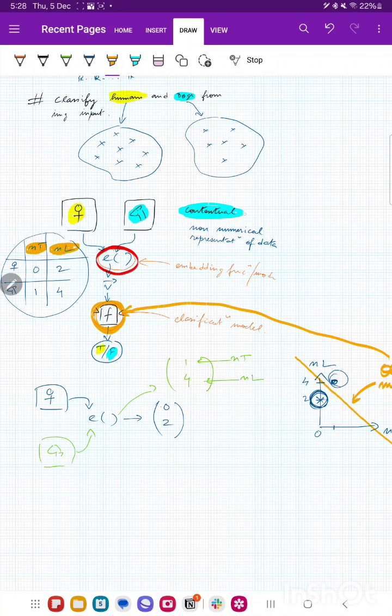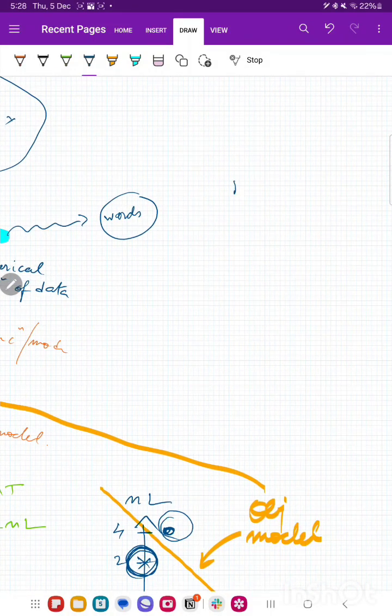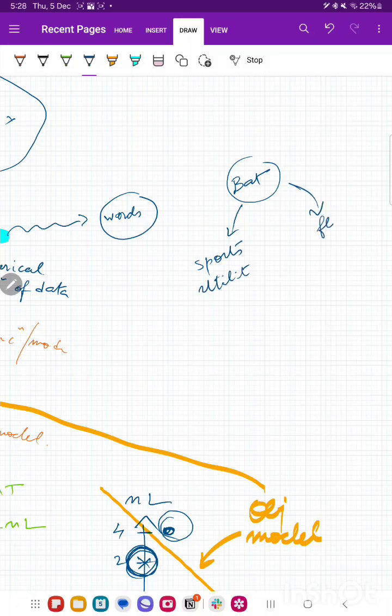It is intuitive to think of features extracted from contextual input like images, but what about contextual input like words? For example, the word bat can mean a sports object, sports utility, or a flying mammal, right?